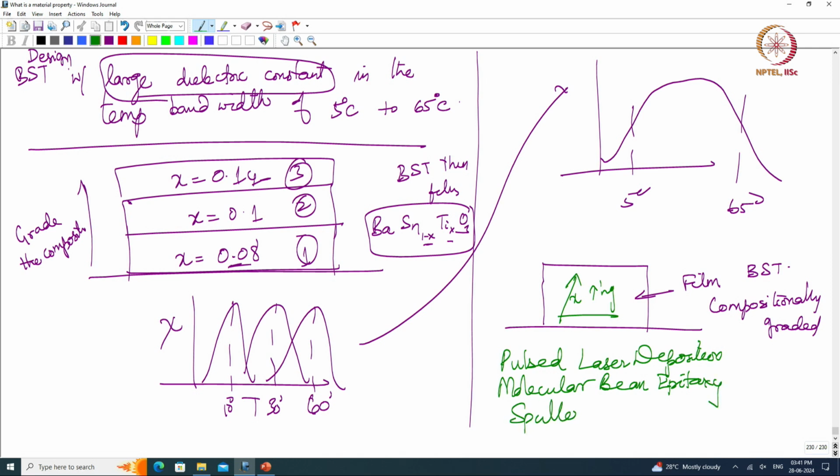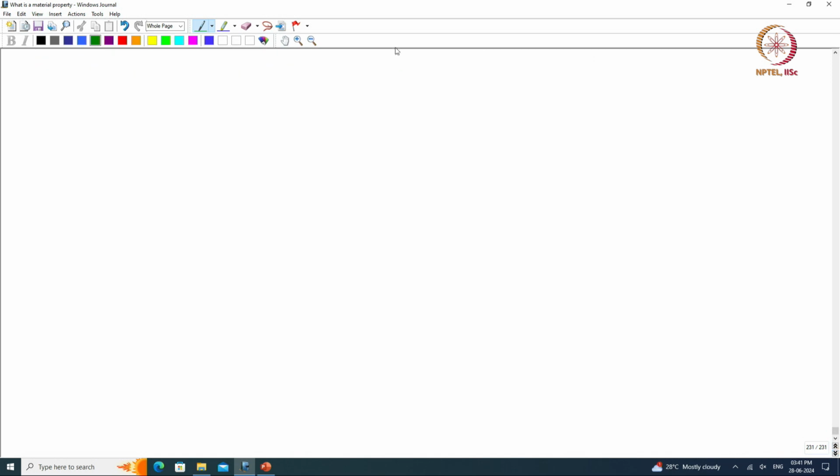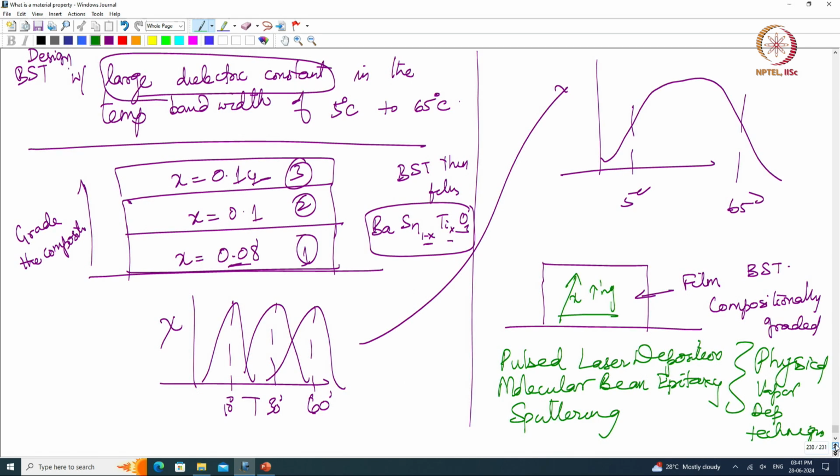All these are called physical vapor deposition techniques. I am not going to talk about them in this course, maybe there is one more course that I offer, not on NPTEL yet, in which I talk about these techniques. However, you can use these thin film deposition techniques to actually create these graded layers.